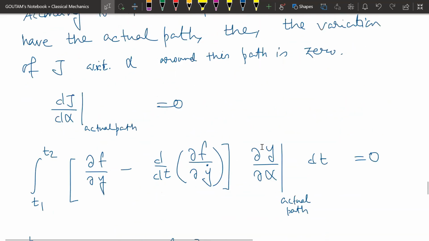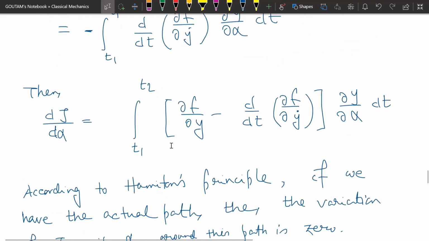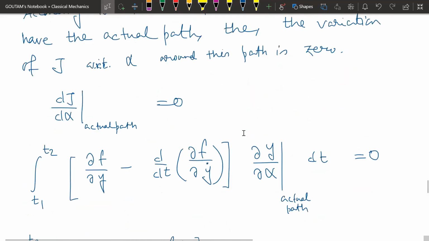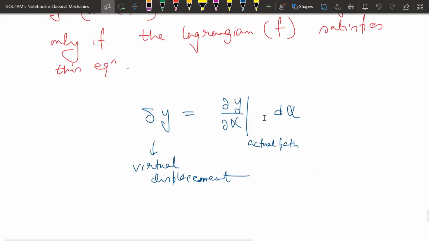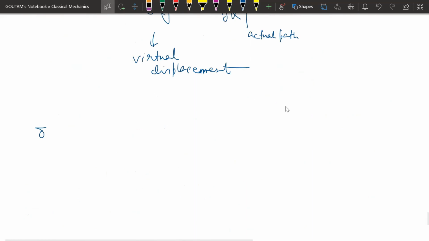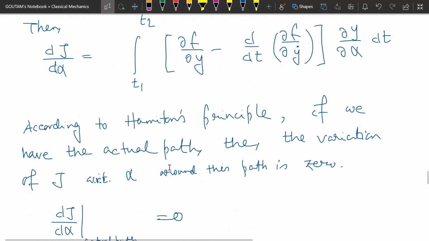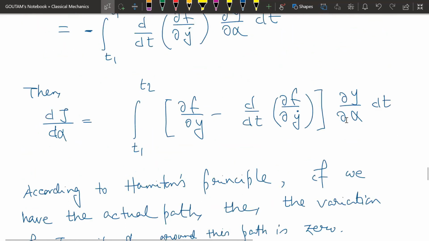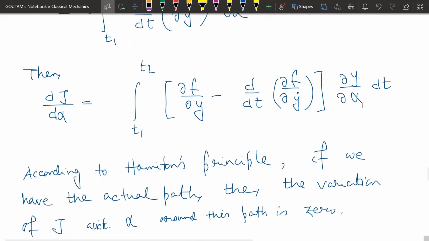So from this equation, we can write delta y, it is basically this integral times delta alpha.